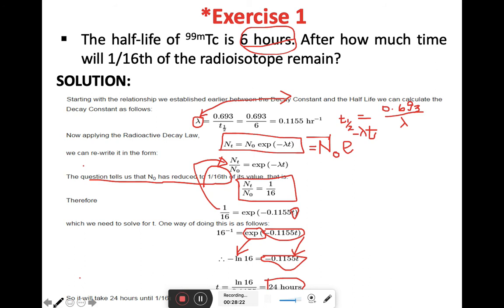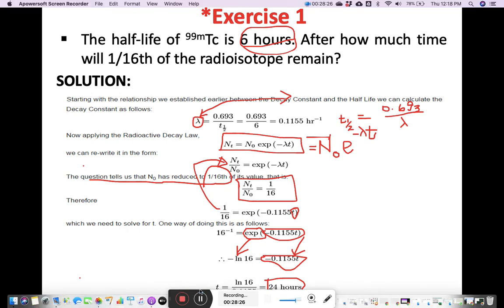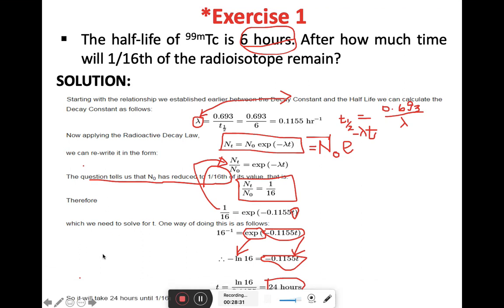I would like to change this one first to automatic. Can I bring this one? Okay, cannot. So it will take 24 hours until the radioisotope is reduced to 1 over 16th.